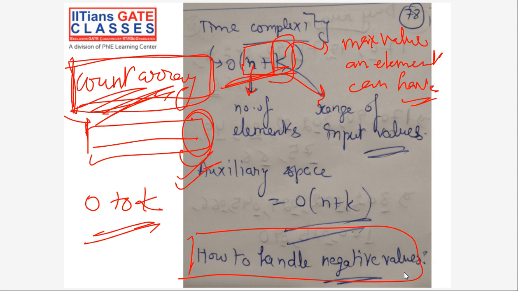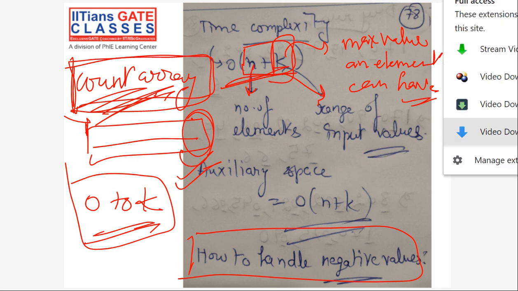Sanjeev, you're saying use lower indices for lower values. See, what I'm saying is that when my range is between 0 to k, then my indices in the count array are between 0 to k, correct? Now my range is below 0, which means I have negative elements in the array.